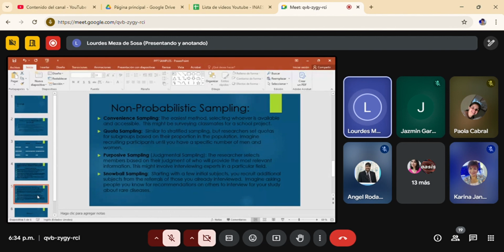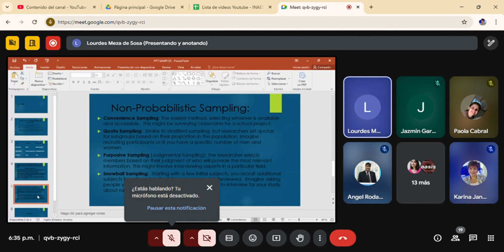You will have, for example, okay, I will have 5 men and 5 women in this group. So that I will have the same amount of males and females, and therefore a quota, right?